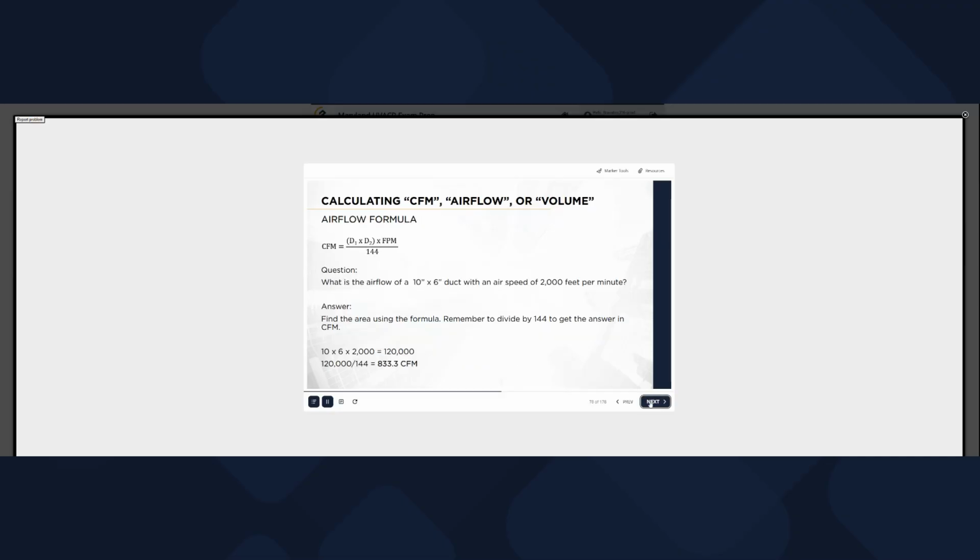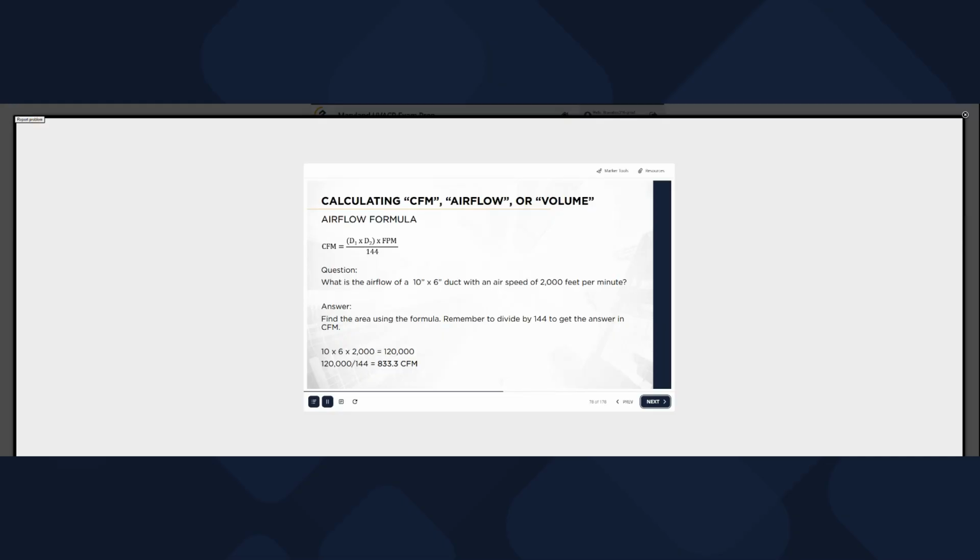Airflow formula. We've learned to calculate airflow in a duct by measuring the airflow velocity in feet per minute, FPM, and multiplying by the duct cross-sectional area in square feet. CFM equals D1 times D2 times FPM divided by 144. Let's work through another example.